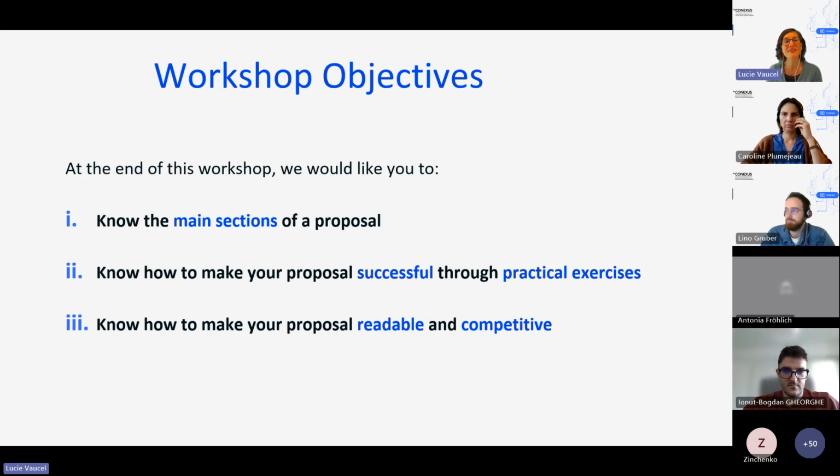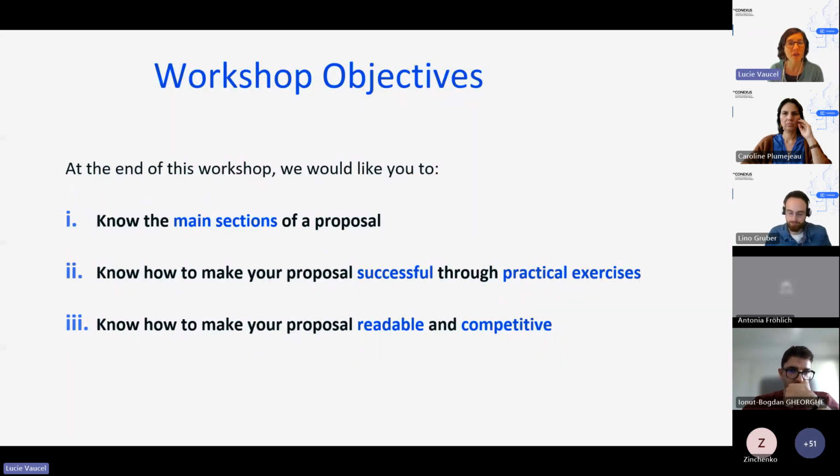You will see, we will take basically the example of Horizon Europe proposals. For those who already know Horizon Europe proposals and the way they are structured, this structure and the main points of attention can be replicated in many other calls for proposals at European level, but also at national level.